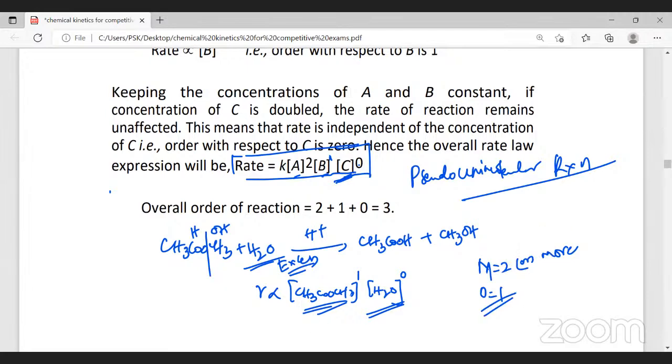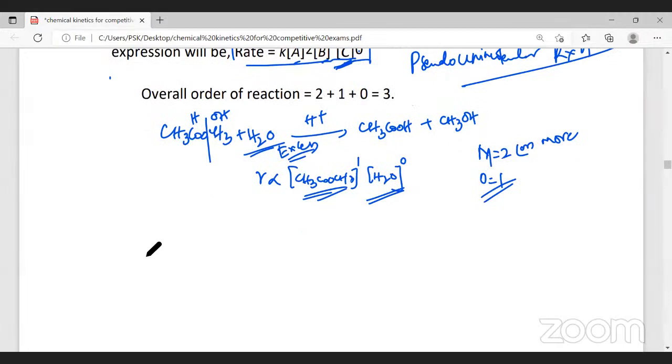One more example they give is hydrolysis of cane sugar. What is the formula of cane sugar? C12H22O11. The sugar we eat in the kitchen is called cane sugar because we get it from sugar cane.